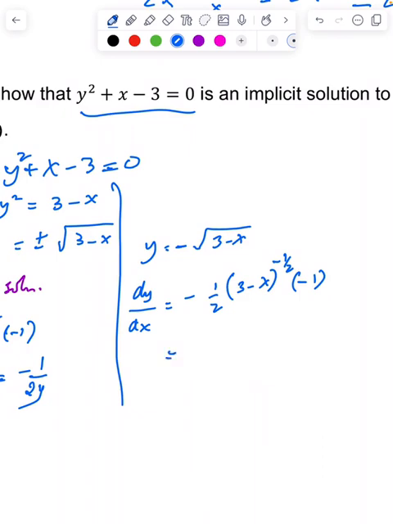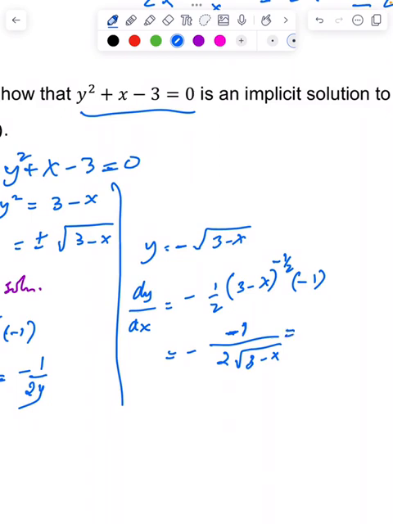So I am going to rewrite it like negative, and then 1 over 2 times the square root of 3 minus x. Now this negative, I can put in front of the square root of 3 minus x.